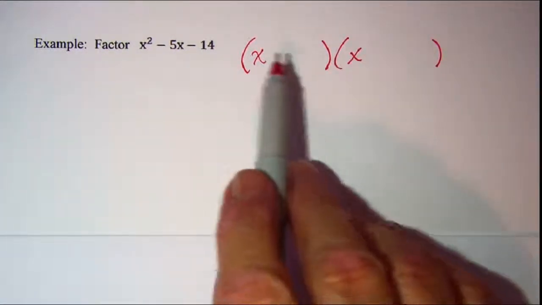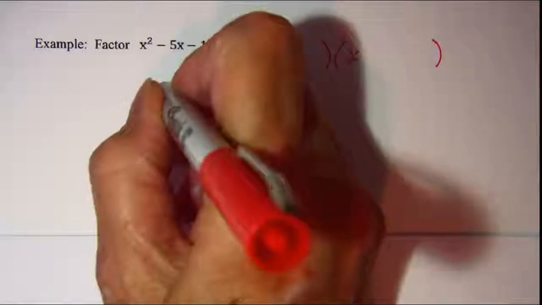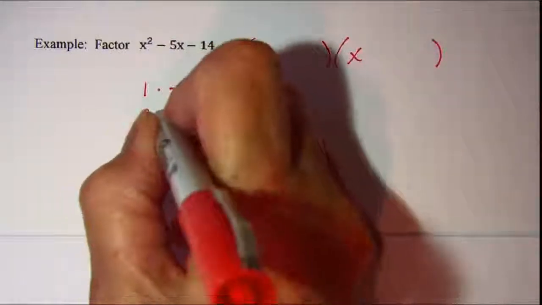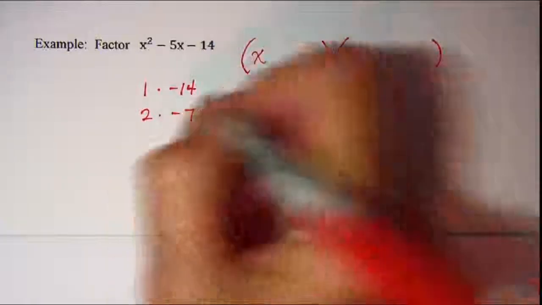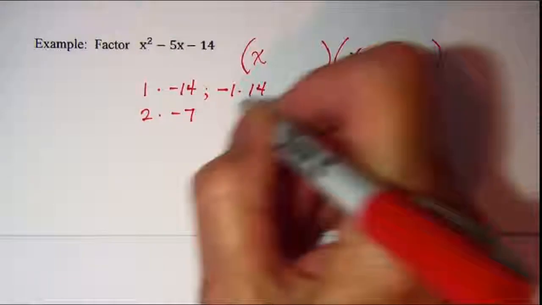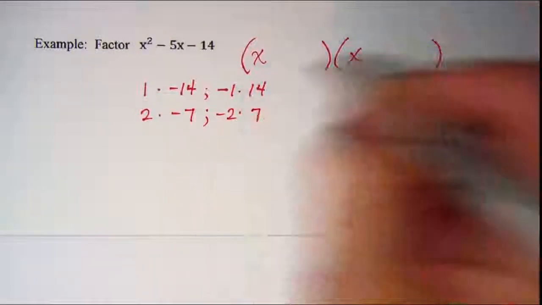Now I need two numbers that multiply to give me a negative 14. So I could have 1 times negative 14. I could have 2 times negative 7. And negative 1 times a positive 14. And a negative 2 times a positive 7.